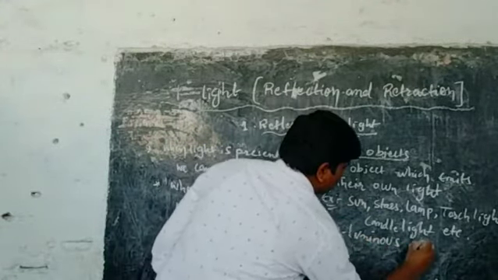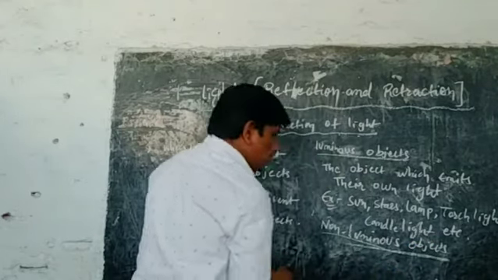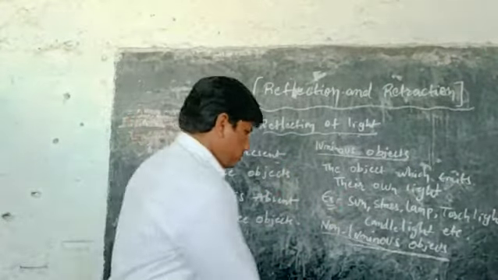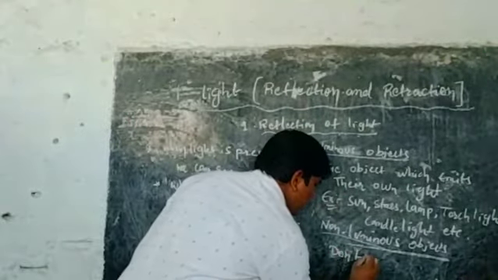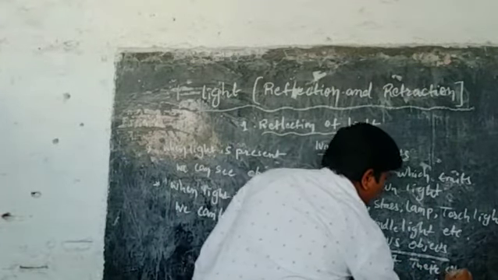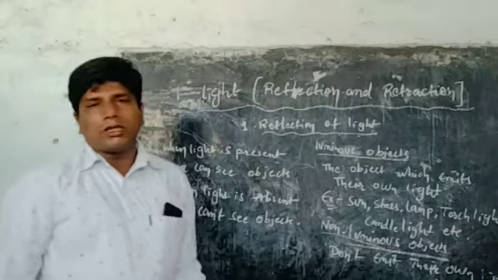Okay. Next, non-luminous objects. Non-luminous objects are the objects which don't emit their own light. Those are called non-luminous objects.